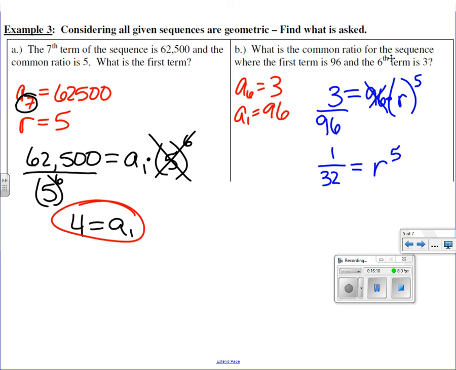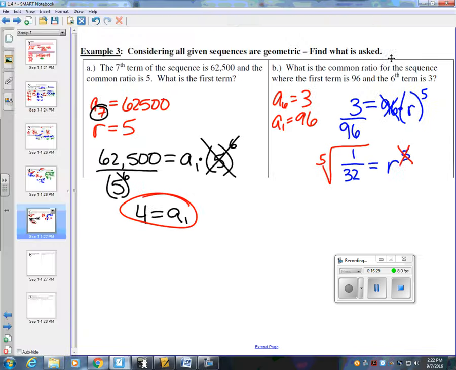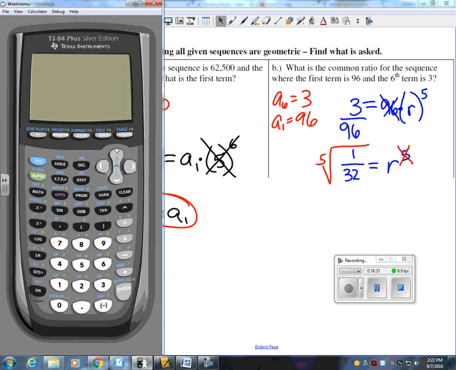Does anybody remember from last year how you get rid of the 5? Very good. You root it. So you put your root symbol over there, but you also have to put a 5 in front because we're not square rooting, we're 5th rooting. So in your calculator, you hit the math button, you go down to number 5, and you hit enter.